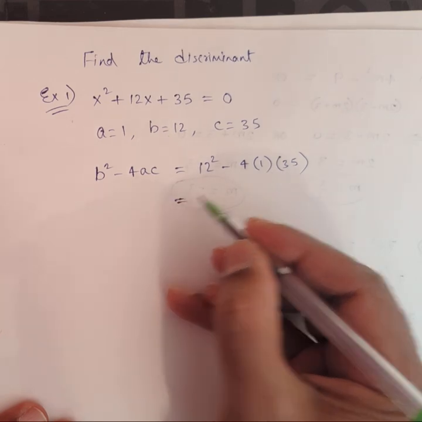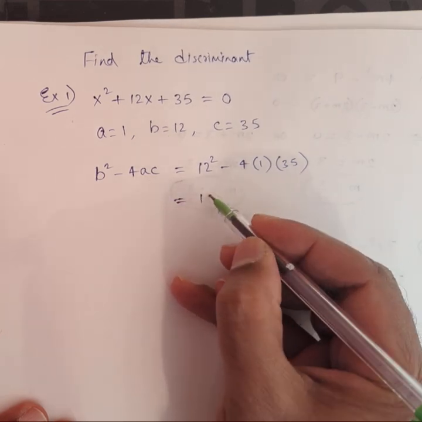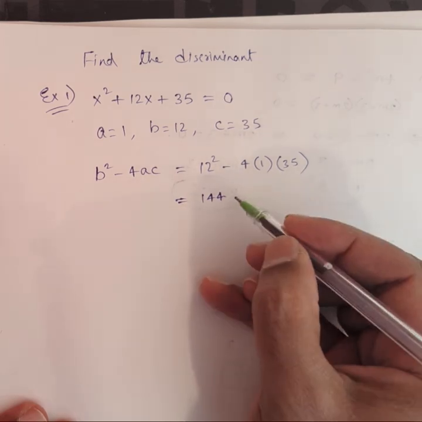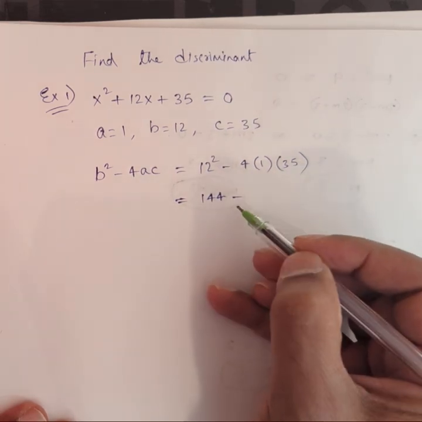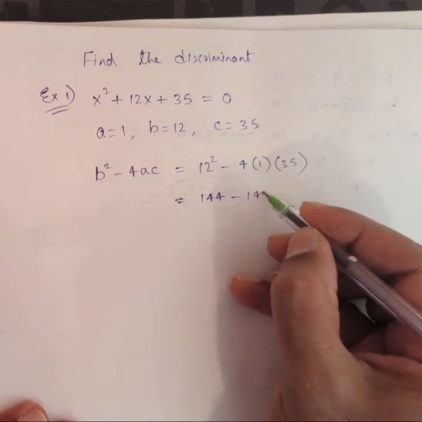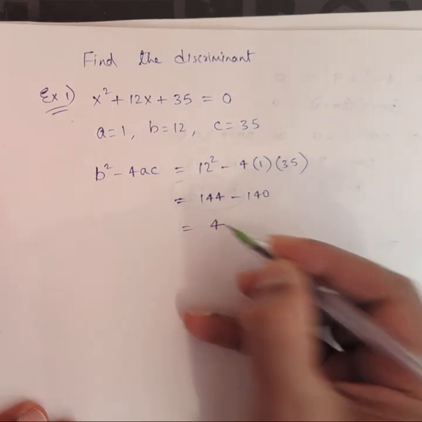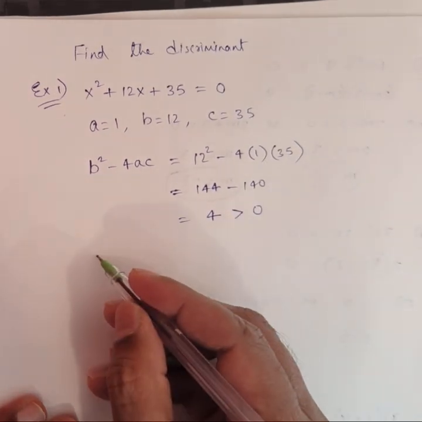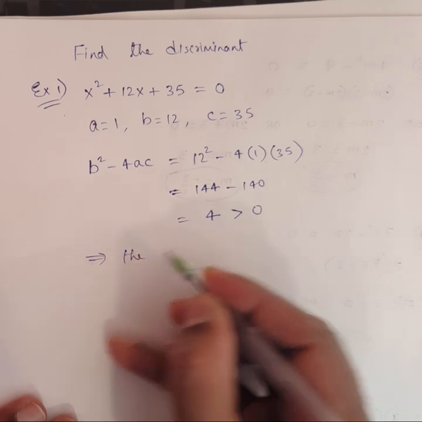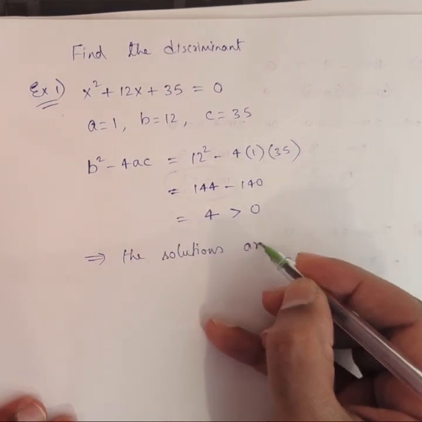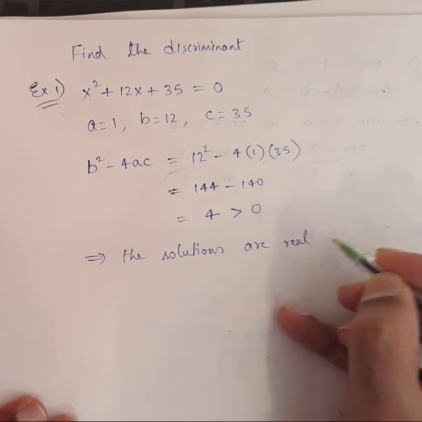And we follow the order of operations. We do all the multiplications or exponents, and then we carry out the subtraction. 4 times 1 times 35 is 140. So this is 4. Now 4 is greater than 0. So I can say that the solutions are real and distinct.